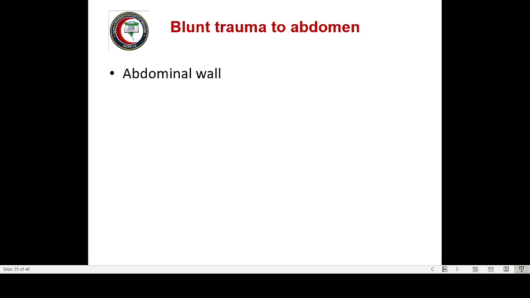This occurs due to the resilient muscles of the abdominal wall, which absorb the force of injury and transmit it into the abdominal contents. So be careful that the absence of injuries in the abdominal wall in a victim who claims that he was exposed to abdominal trauma doesn't exclude the presence of severe intra-abdominal injuries inside the organs.